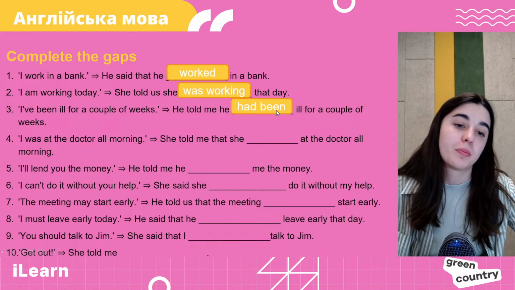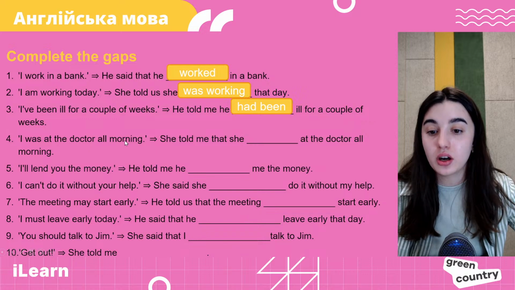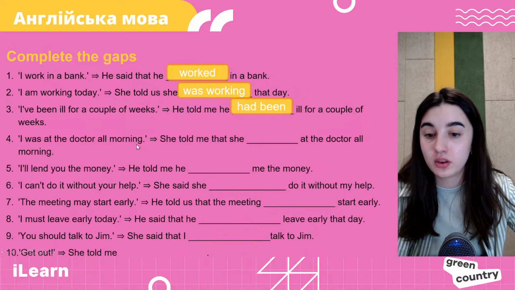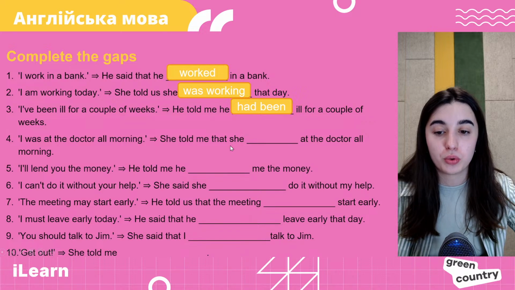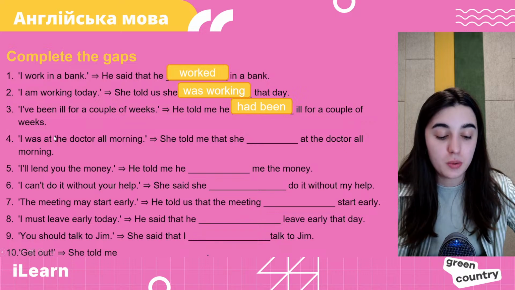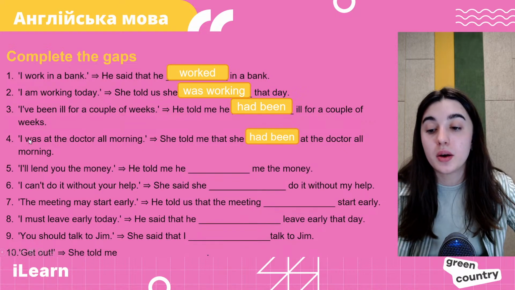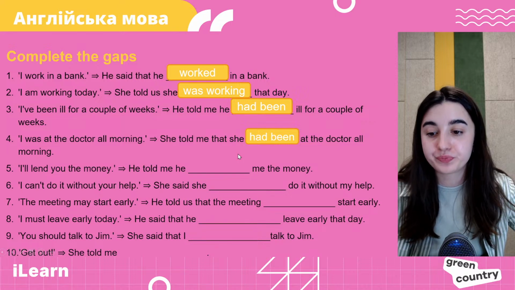Present perfect, past perfect. "I was at the doctor all morning." She told me that she had been at the doctor all morning. So there we use had been. Past simple we change into past perfect.